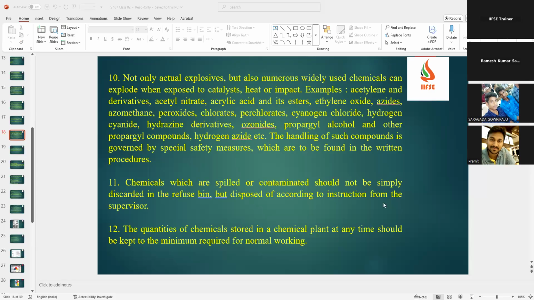It should not be so. We should have the FIFO method so that we can avoid expiry of material and avoid some cost. And also, whenever required, you should maintain only the minimum inventory.